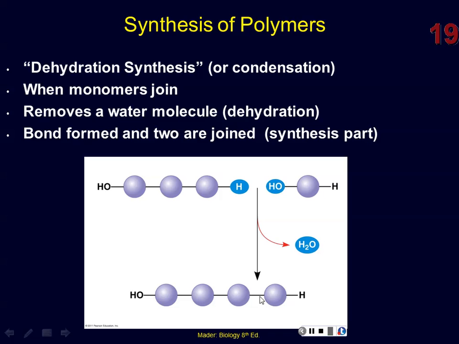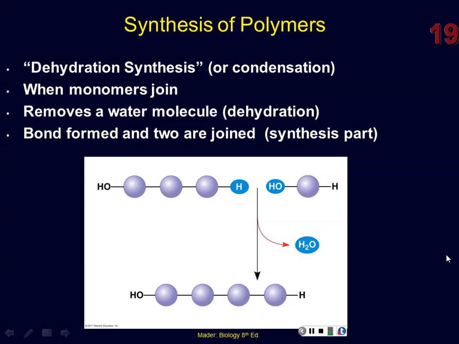So the bond is forming and water is being removed. Now I have a polymer made out of 4 monomers. Notice that when this is bonded, I still have an H there, waiting for another monomer with an OH; water would be formed, and another monomer would join. This is how we build proteins.